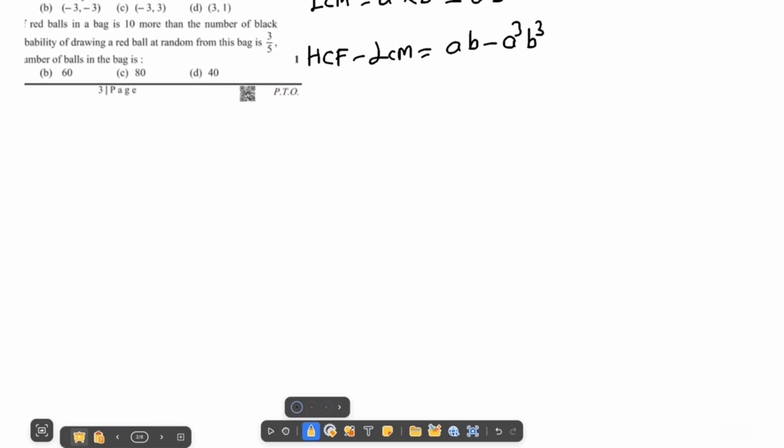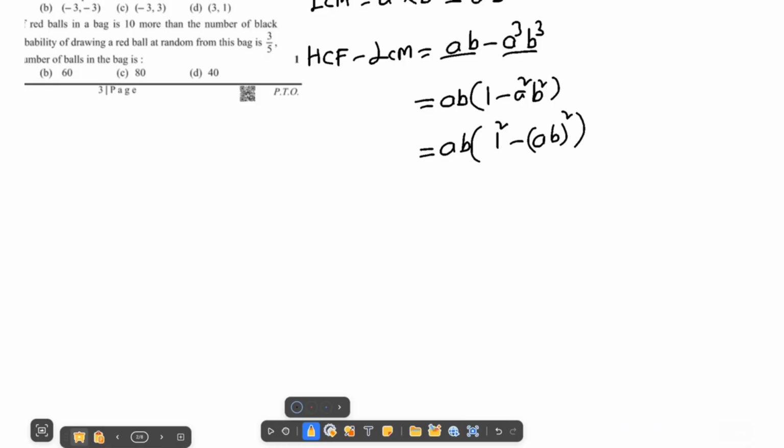Now you can take ab common. If you take ab common here, we will have 1 and a square b square. So 1 can be written as 1 square, and a square b square can be written as ab whole square. Now this is like a square minus b square formula.